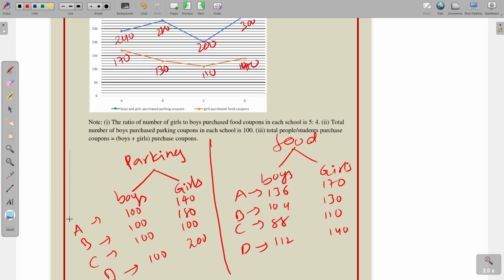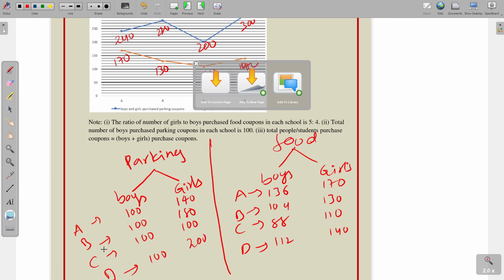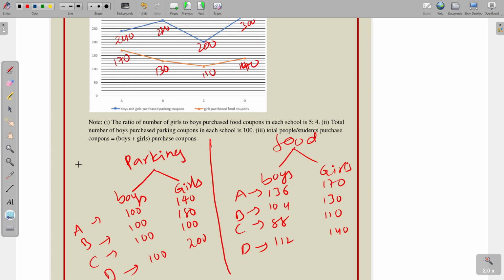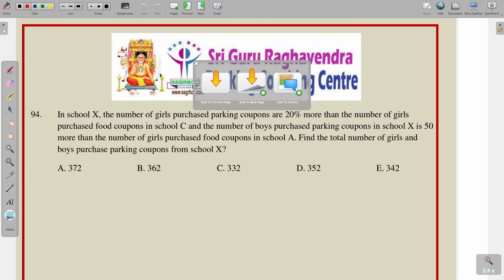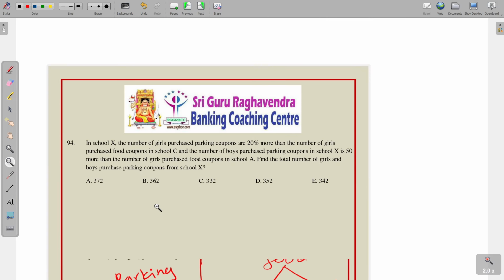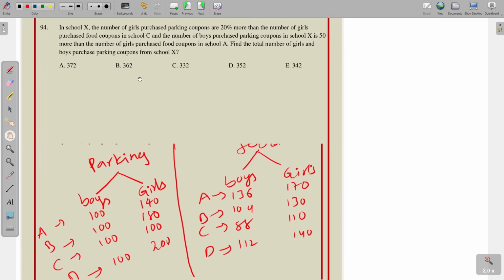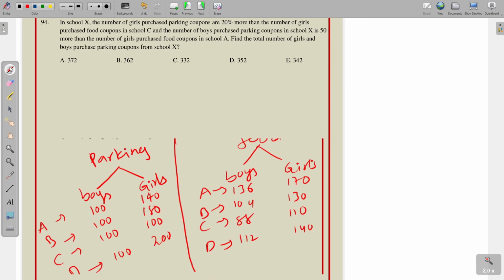So first, from school X, girls purchased parking coupons, what does that mean?